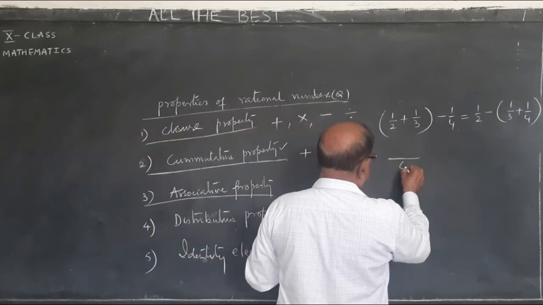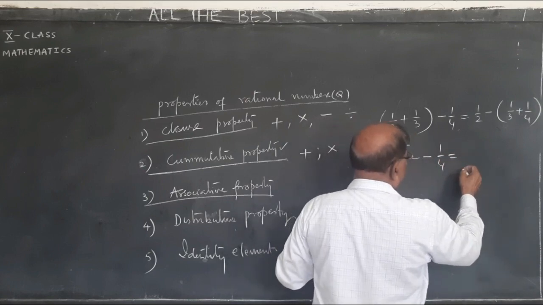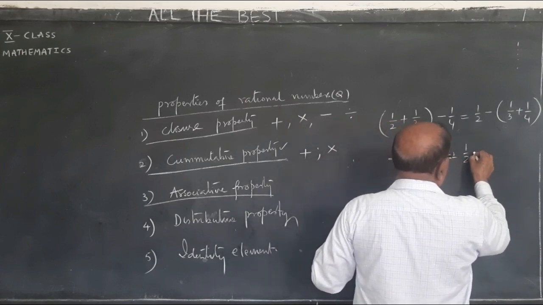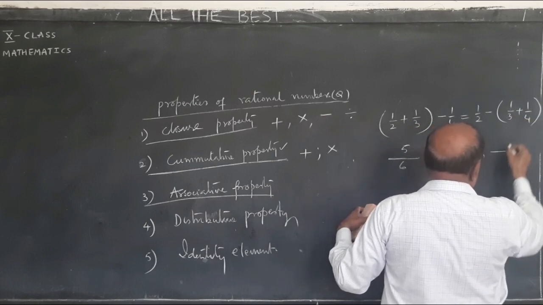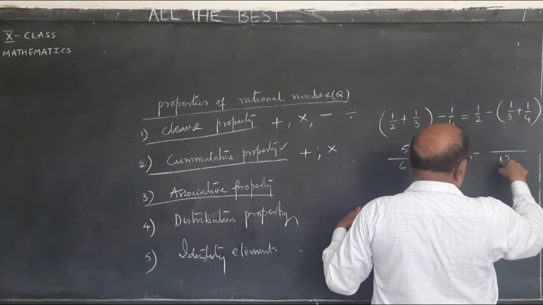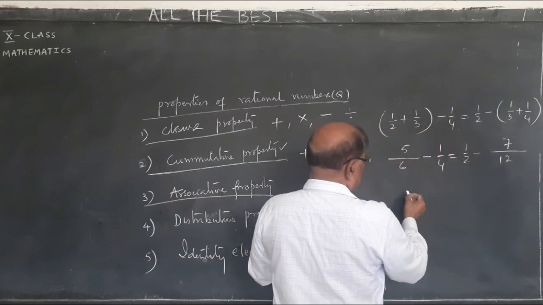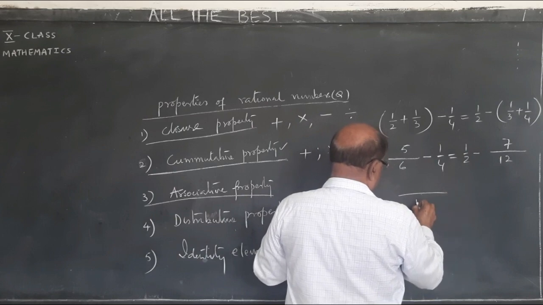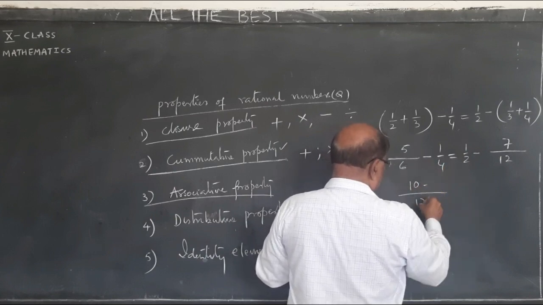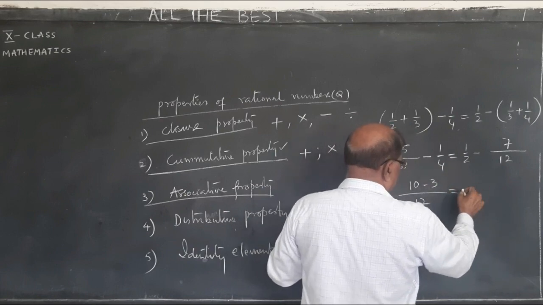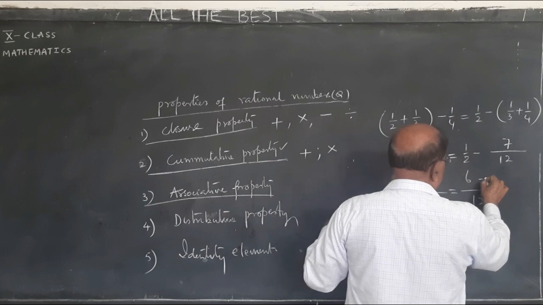The LCM is 6, you are getting 5/6 minus 1/4 is equal to 1/2 minus 7/12. If you take LCM 12: 6 2s are 12, 2 5s are 10, 4 3s are 12, 3 1s are 3. Here also it is 12: 2 6s are 12, 6 1s are 6, 7.